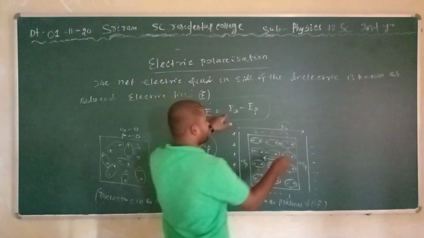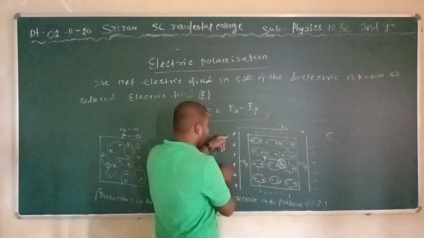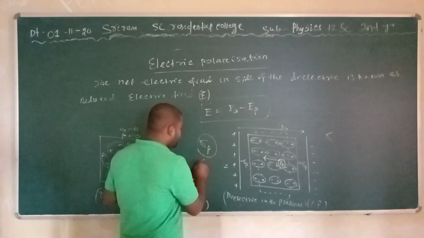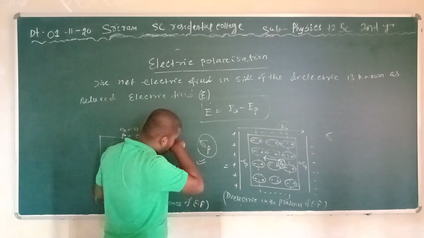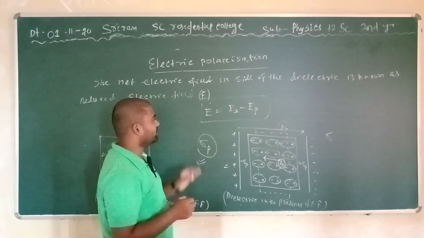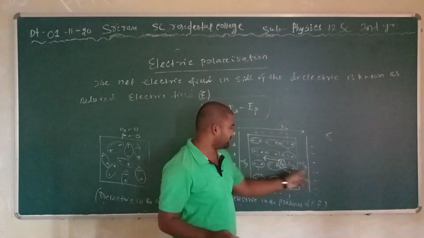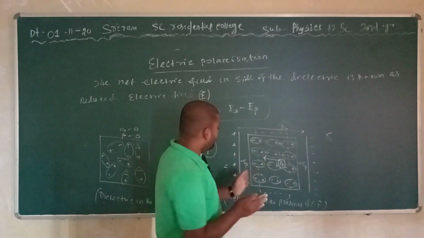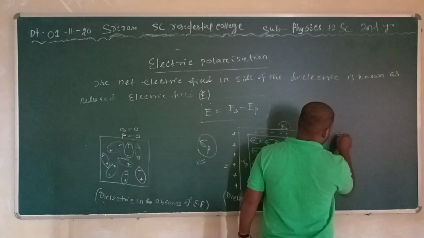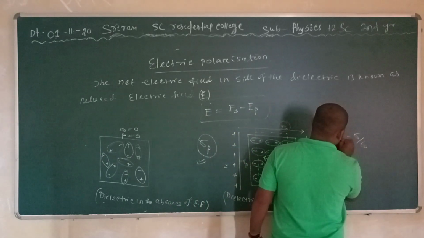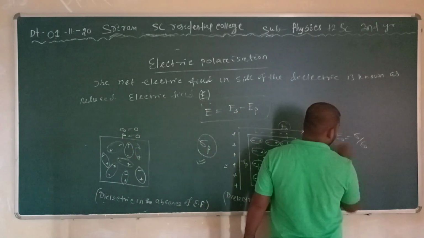Understand? If sigma is the surface charge density of the applied electric field and sigma p is the induced surface charge density of the dielectric, then already we have obtained that the net electric field in between the two plates is E naught equal to sigma by epsilon naught.